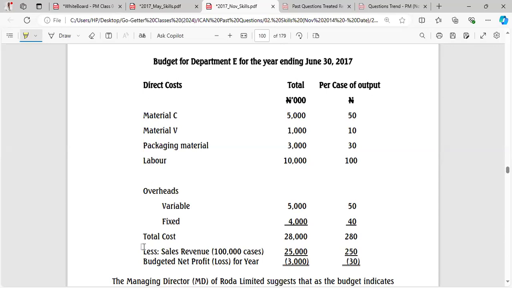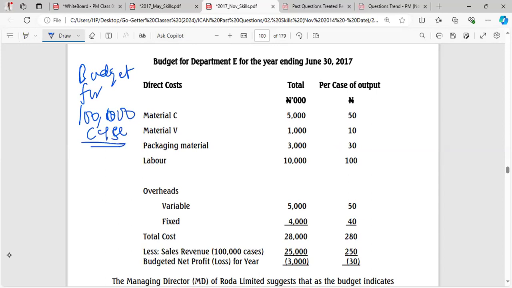So the sales revenue, they sold 100,000 cases. So it means that this budget is a budget for 100,000 cases.